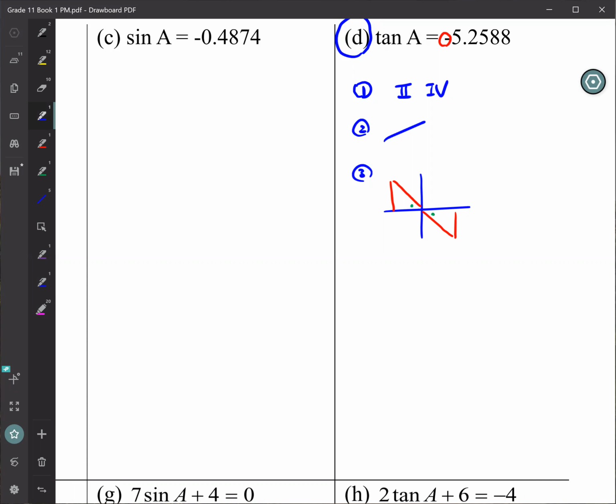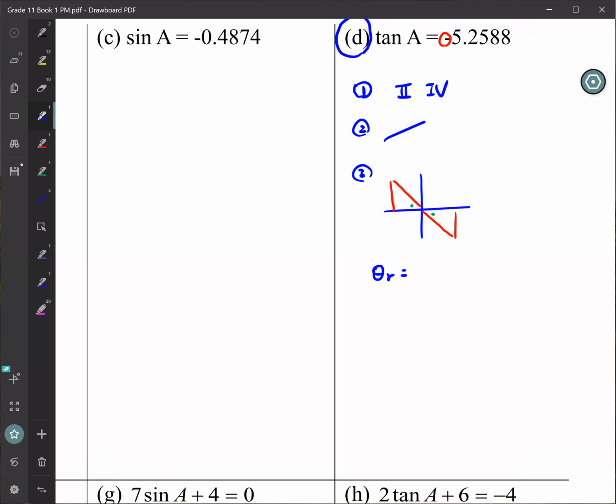Let's have Jenny. Okay, what is step 3? What do we do? Reference angle. Yep, how do we figure that out? We have to look at the side ratio to find it, right?